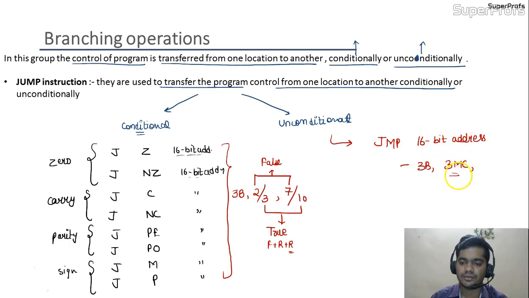Therefore, one extra read operation is required, and it would require 10 T states. So this is the conditional and unconditional branching operation for the jump instruction. You can write these points. Then we are going to see a very important example regarding the jump instruction that is frequently asked in exams.